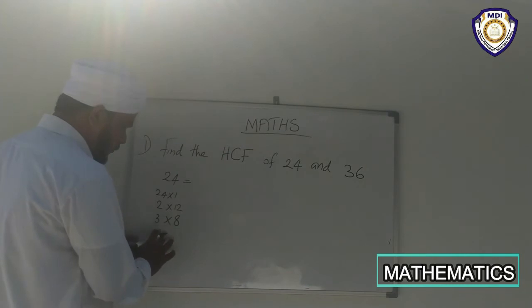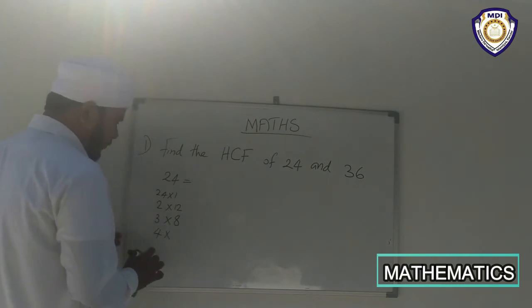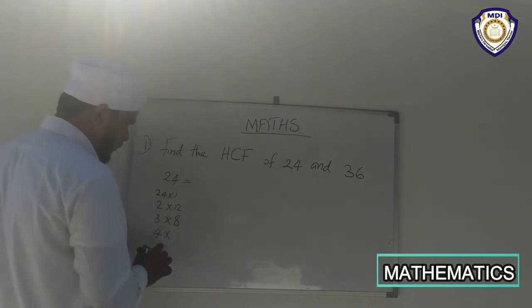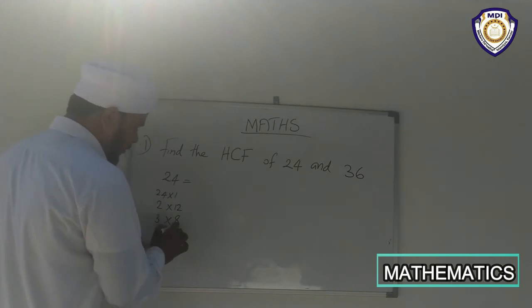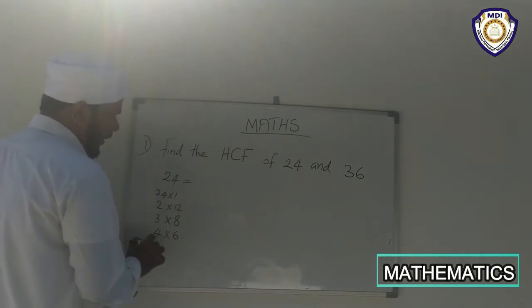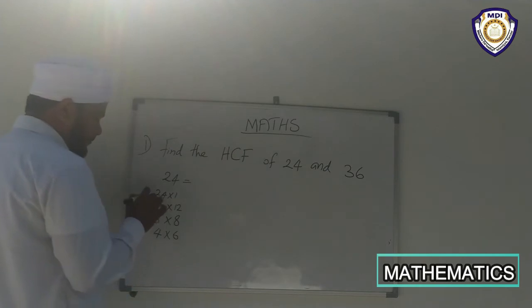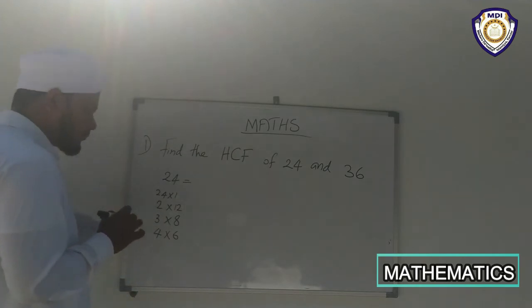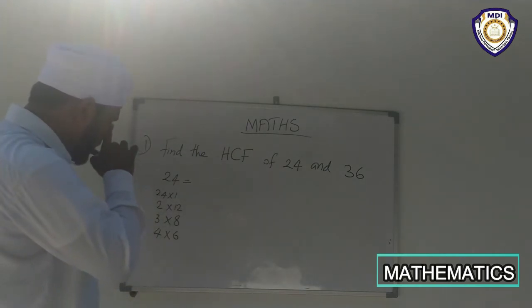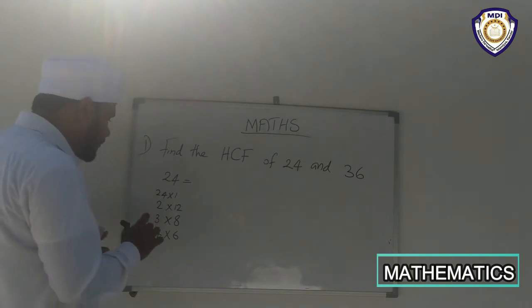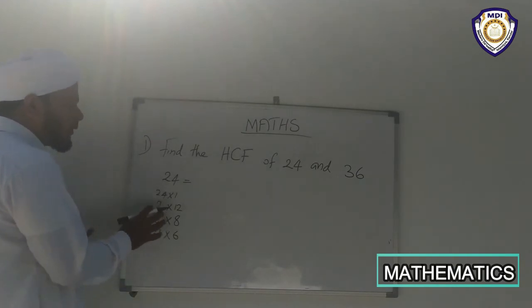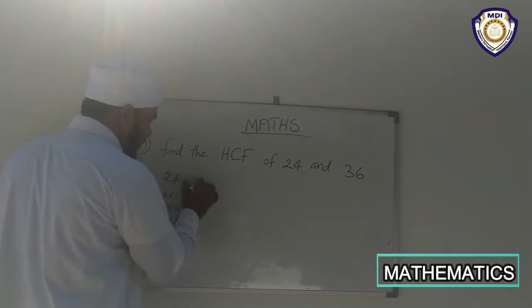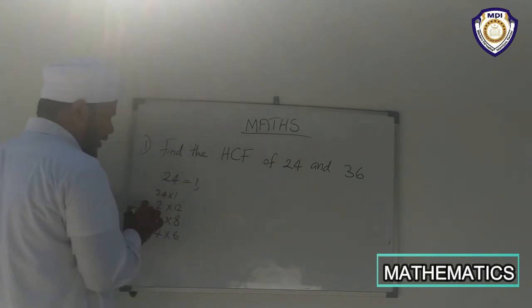Then 4 into 6, 24. These are the factors of 24. Then we can write them in ascending order.